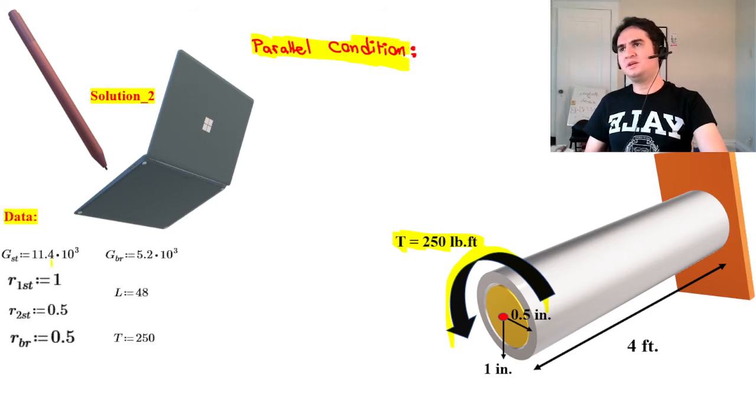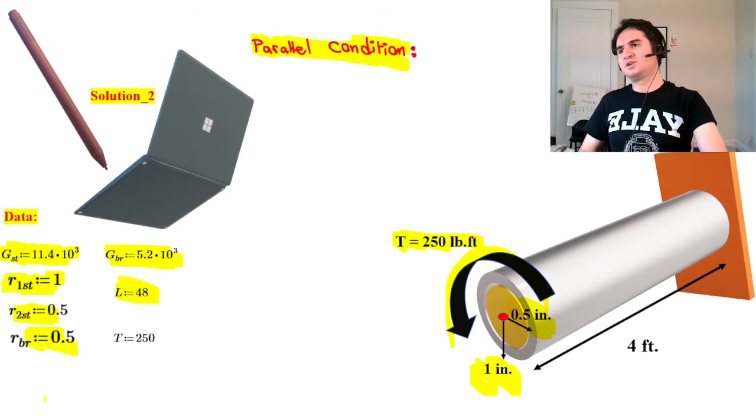First of all, from the data, we know the modulus of rigidity for each material. We know the inner radius and outer radius for steel, and the radius for brass, all provided in the problem statement.